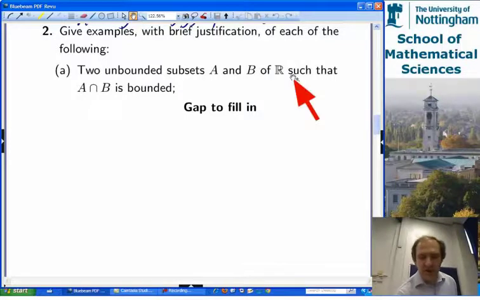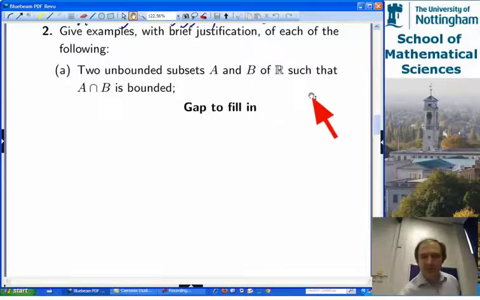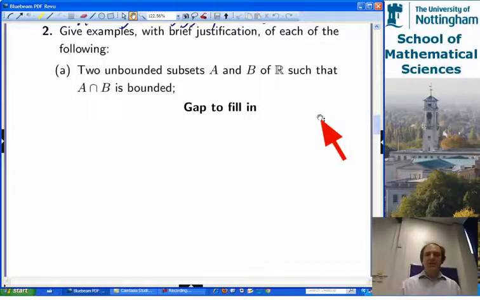I've asked you to work in the real line, but obviously you can do the same thing in R squared if you want to, but in this question I said work in the real line. This question too was a past exam question, but I can't remember which year. So find two unbounded sets so the intersection is bounded.